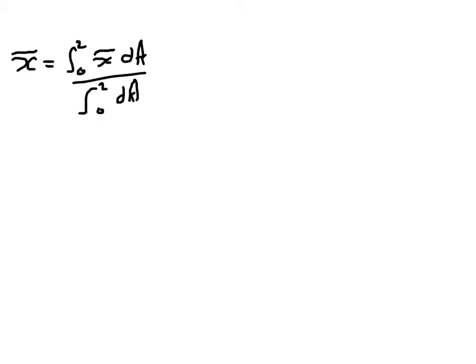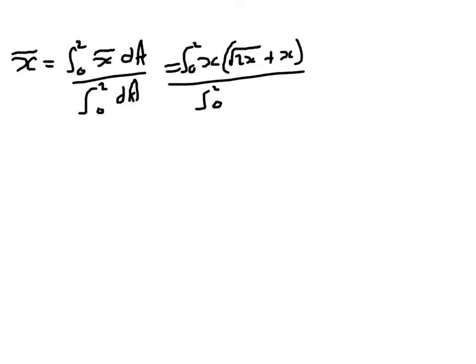So for this particular question, that's going to be the integral between 2 and 0 of x times root 2x plus x over the integral between 2 and 0 of root 2x plus x. Might be helpful to remind people that root 2x is the same as root 2, where the root is just over the 2, x to the power of a half.